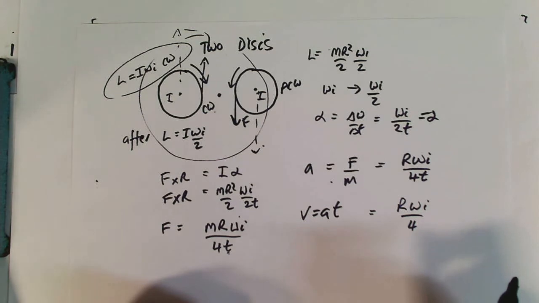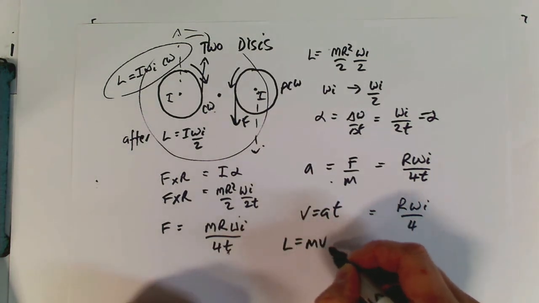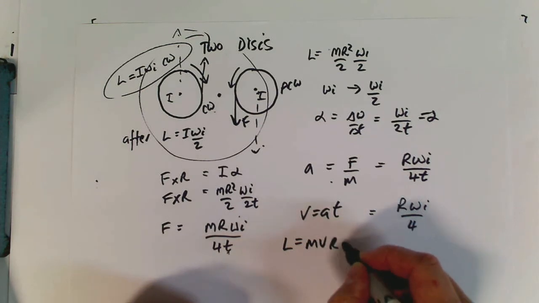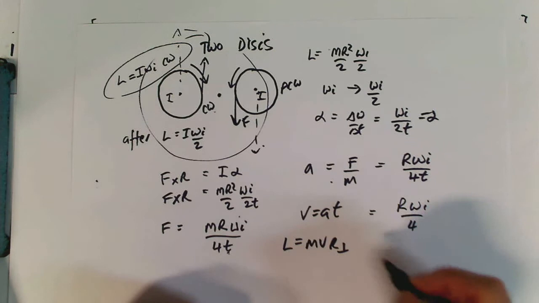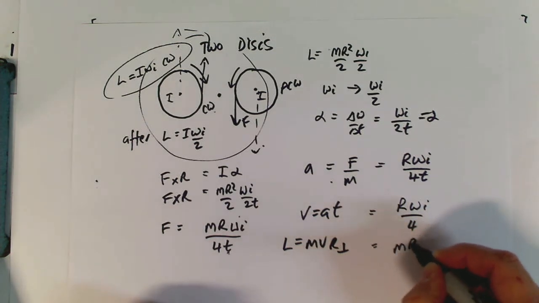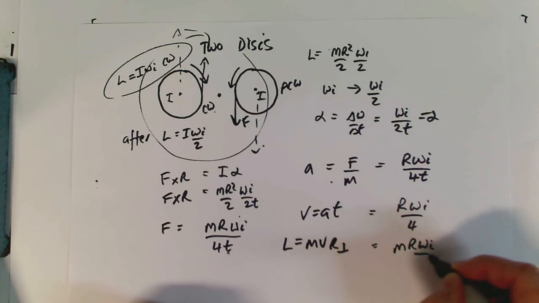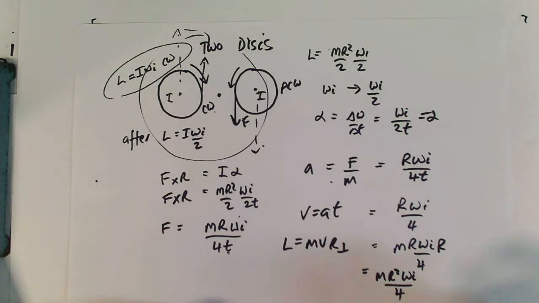So now we can figure out the angular momentum for one. Now, angular momentum equals mv times the perpendicular distance r. So that's going to be equal to m times r omega I all over 4 times r, which equals m r squared omega I over 4. Now that was for one disk, so we can double that for 2 disks.